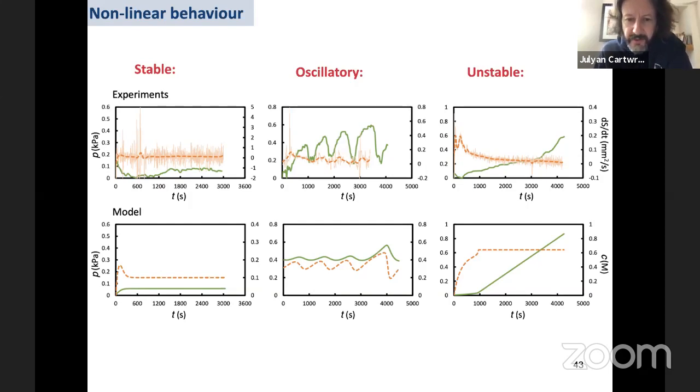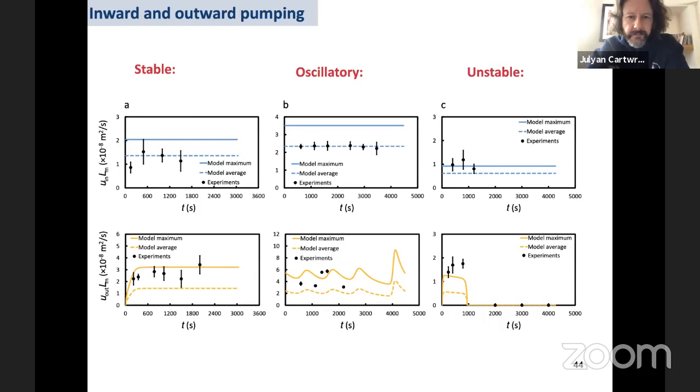It's at least qualitatively a reasonable agreement here, which, considering the complexity of the system, is quite gratifying. And so again, experiments and theory are compared here with regard to the lab experiments, and as you see, there's reasonable agreement.